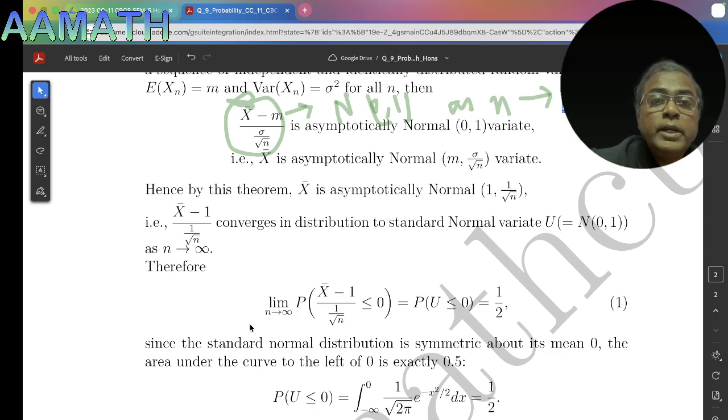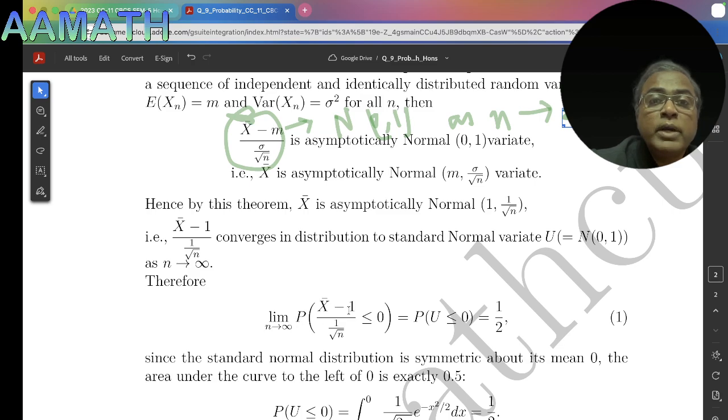Therefore, the limit as n tends to infinity of the probability of (X bar minus 1) divided by 1 by square root n less than or equal to 0 equals the probability of standard normal variate U less than or equal to 0, which equals half, because a standard normal distribution is symmetric about its mean.